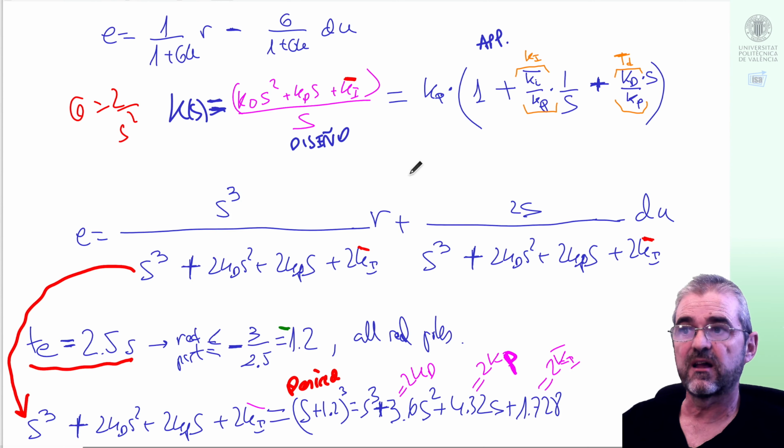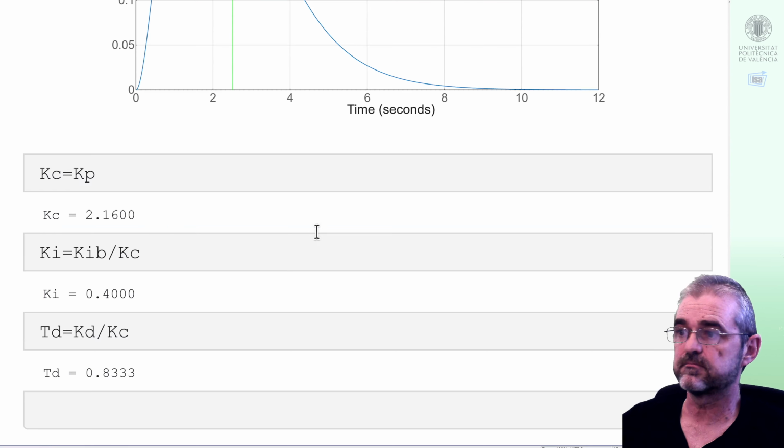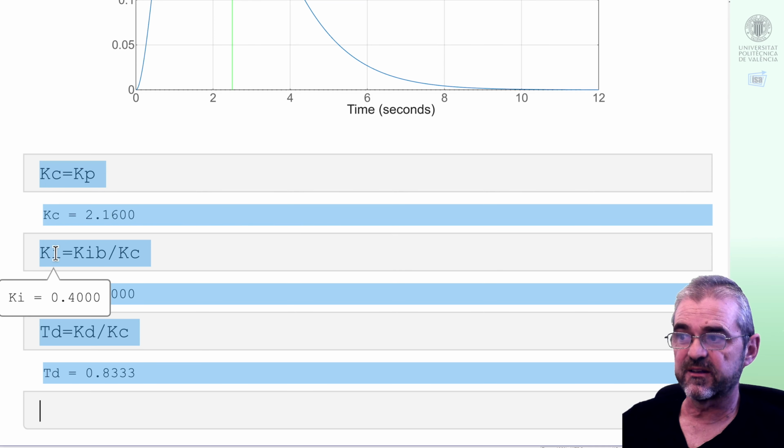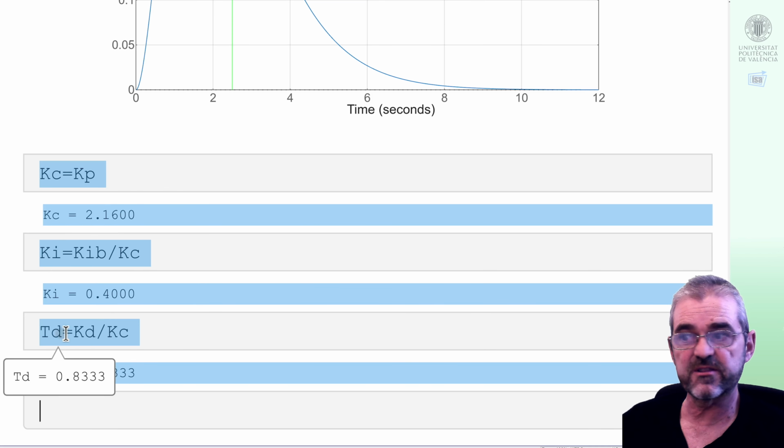First, I will compute the blue parameterization to simulate in my application by just dividing by KP. So these are the numbers that I will put as overall controller gain, integral time and derivative time inside the parentheses.